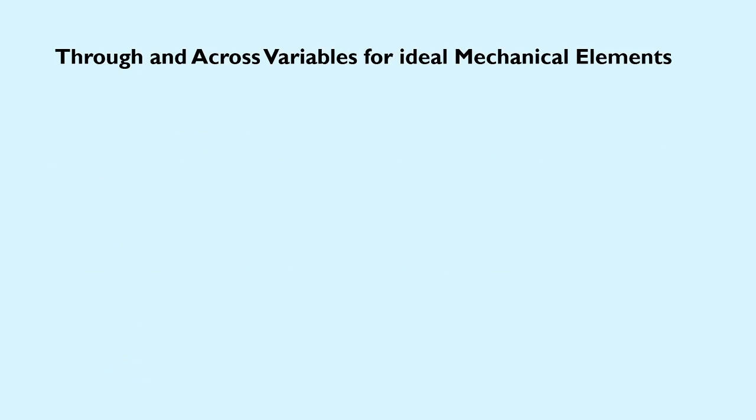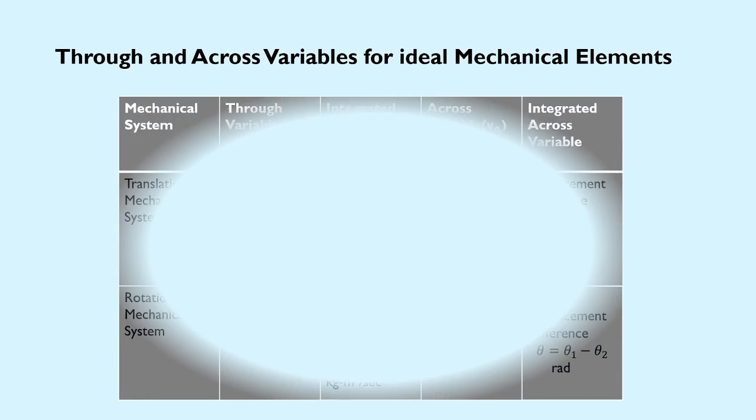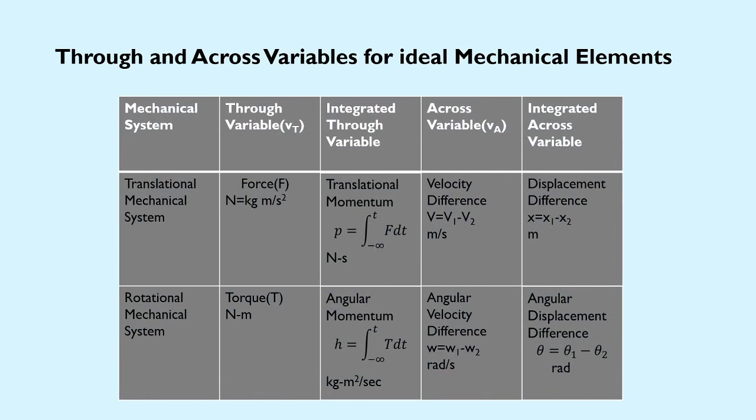Now through and across variables for ideal mechanical system. Through variable is denoted by Vt and across variable is denoted by Va, then integrated through variables and integrated across variables for translational system and rotational system. Here force, and in rotational system torque, translational momentum, angular momentum, velocity difference, which is the across variable, here angular velocity difference.